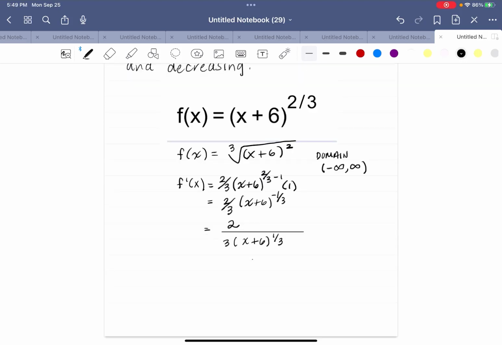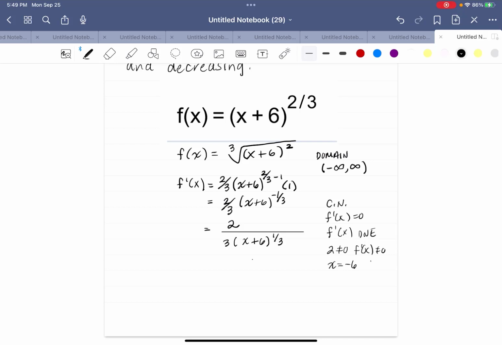So remember that the definition of a critical number were the values where f prime of x were equal to 0 or where f prime of x does not exist. And while 2 can never be 0, meaning f prime of x is never 0, this denominator would be 0 if x is equal to negative 6.